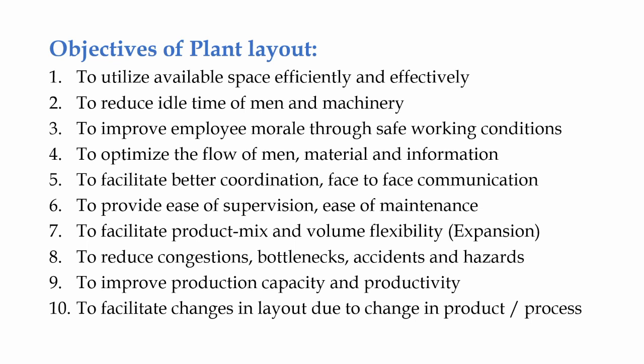So to reduce all these types of problems, we have to prepare a plant layout or design a plant layout in an optimal way, and to improve production capacity and productivity, and to facilitate changes in layout due to change in product or process.